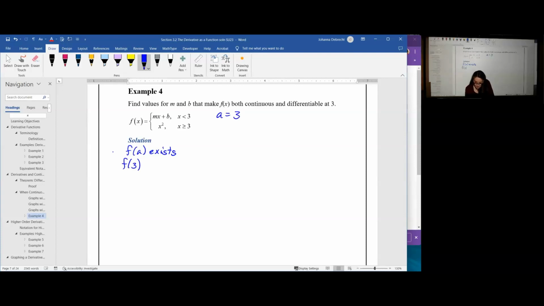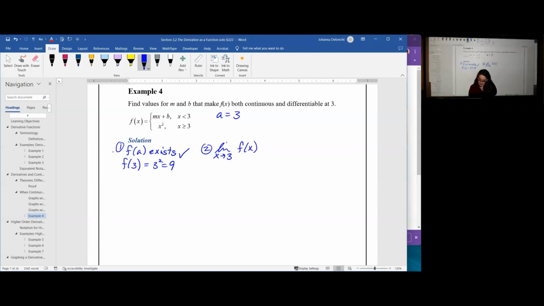F of 3, according to the second rule, where x is greater than or equal to 3, is the value of x squared. So F of 3 is 3 squared, or 9. That checks out. The second condition that we have to meet is that the limit as x approaches that value of a, or 3, has to exist.